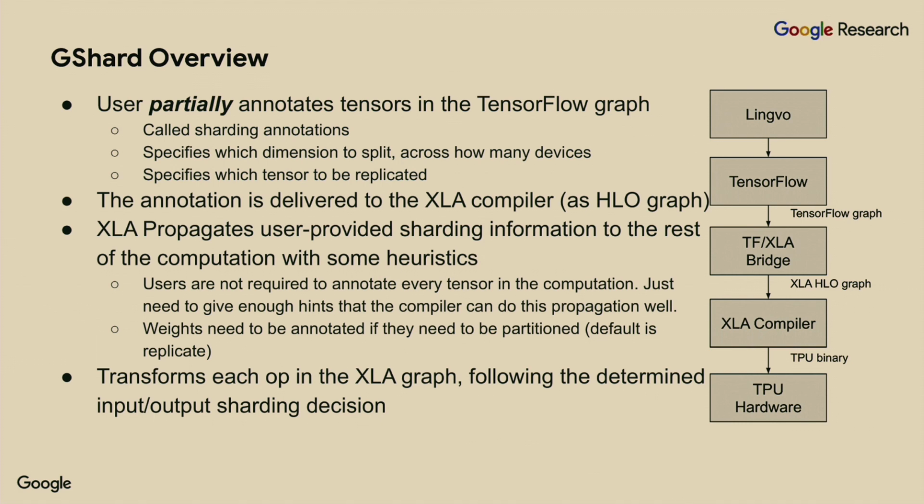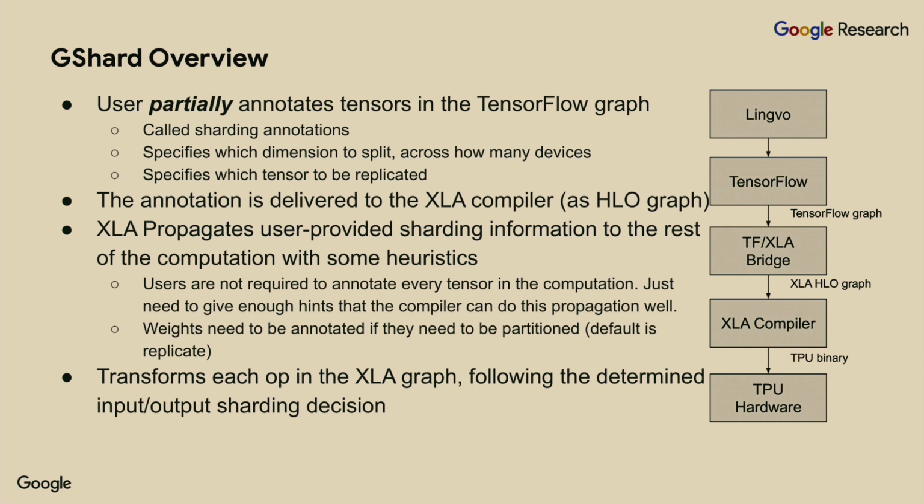We developed an extension in the compiler called the SPMD Partitioner, which takes these sharding annotations and transforms related operations into a sharded version. Note that users only need to annotate some tensors in the computation graph, and the compiler propagates the annotations forward and backwards to ensure all tensors are sharded properly.